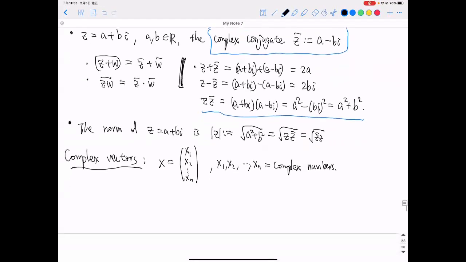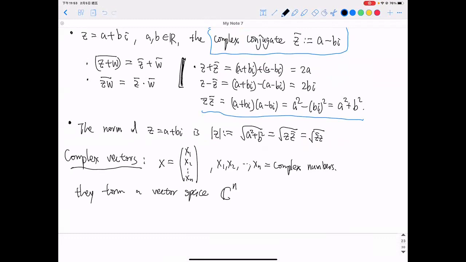And you can see that these guys form a vector space. With component-wise addition and scalar multiplication, they form a vector space.